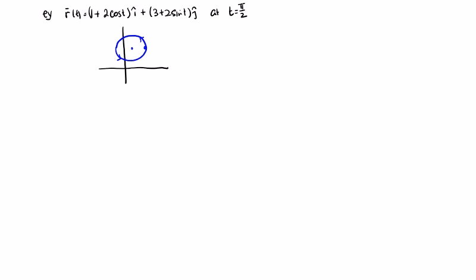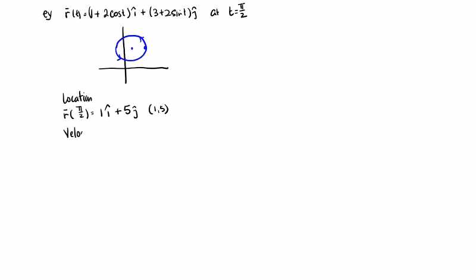So again, let's run down the line. Let's say location. You could probably guess where it's at, just from the picture. So cosine of pi over 2 is 0, so I get 1i. Sine of pi over 2 is 1, so I get 3 plus 2 is 5. That is at the very top. That is 1, 5.